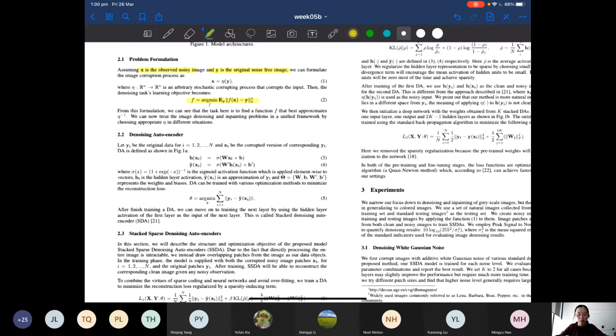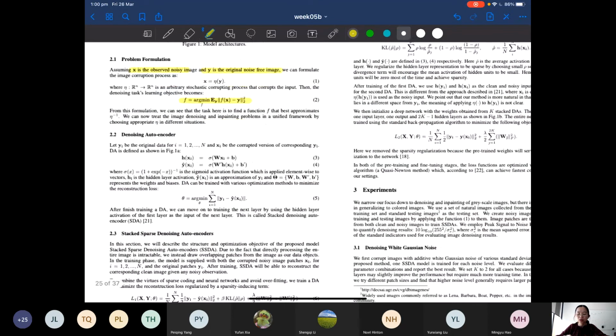And then it has this part about denoising autoencoders that already existed before this paper. If we look at it, this is essentially a neural net layer with a layer of weights and bias, and then a nonlinearity.